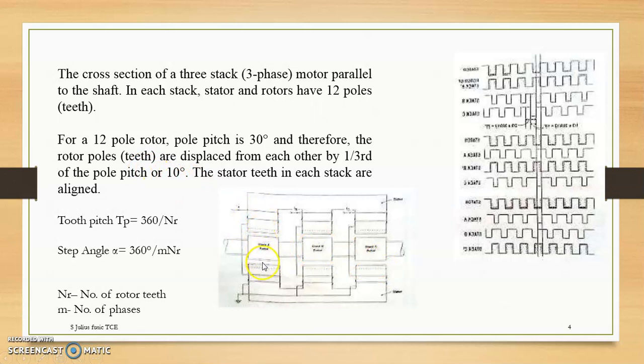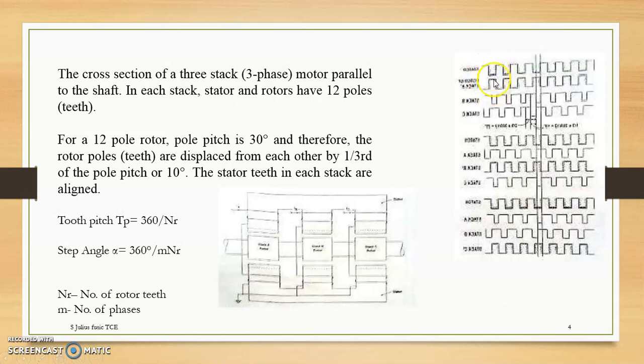So if I energize a single phase, assume this stack is A and A dash, this is B dash, this is C dash. If I energize A and A dash, then the rotor stack will be at 0 degrees. If I energize B and B dash, what happens is, just consider this as the stator teeth and this as the rotor teeth.